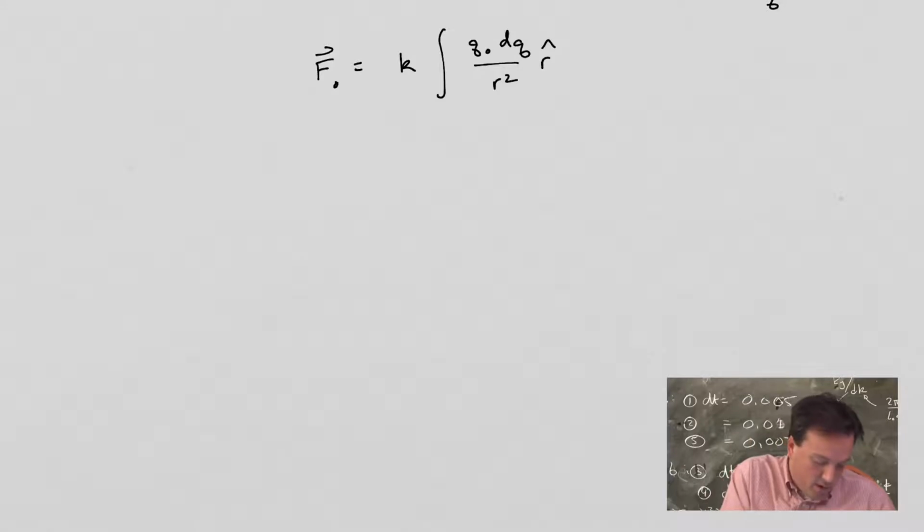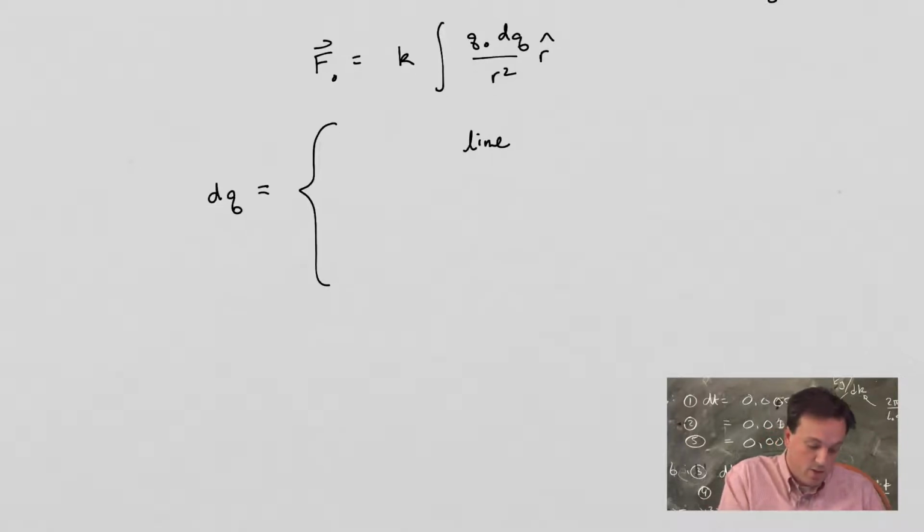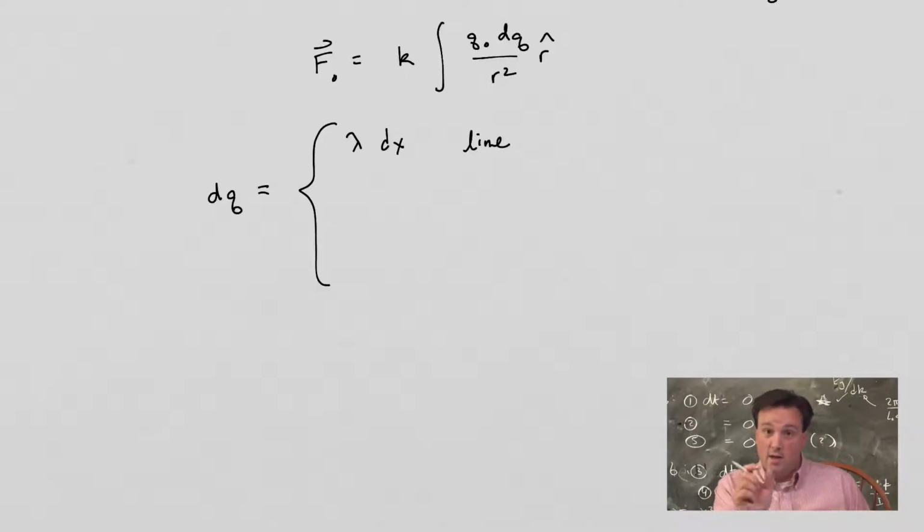And so in general, when I'm actually doing a calculation, I have to ask myself, what does my charge distribution look like? Generally, my charge distribution comes in three different flavors. If it's a line, then dq is equal to some charge density, which we generally call lambda, times dx. That is, I take a little segment dx of my line, and I multiply it by how much charge density is on that line, and that gives me how much infinitesimal charge I have.